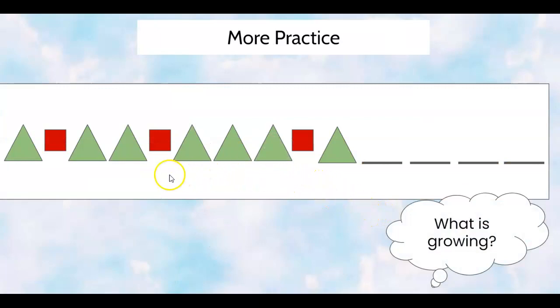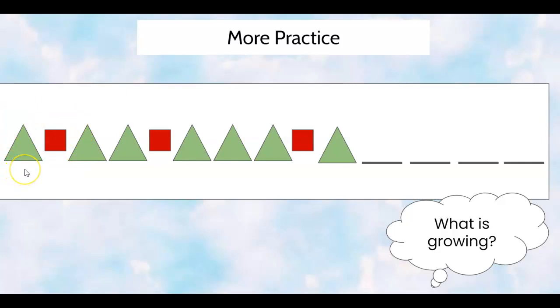So let's keep practicing. Let's look at this pattern. Triangle, square. Triangle, triangle, square. Triangle, triangle, triangle, square. Triangle. What is growing in this pattern? Every time the pattern repeats, there's only one square every time it repeats.